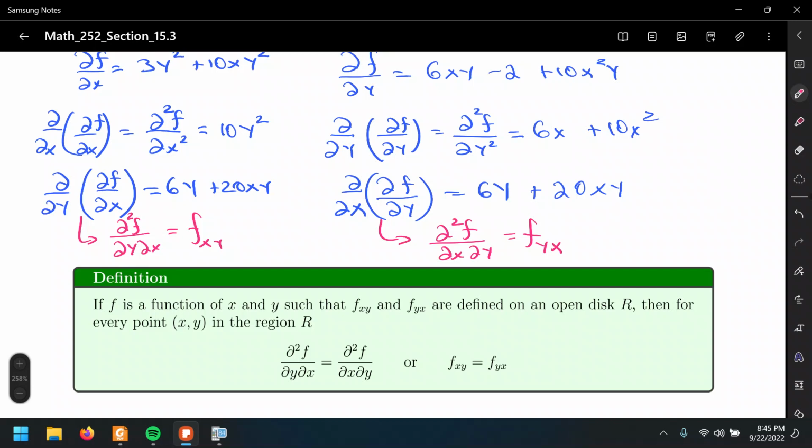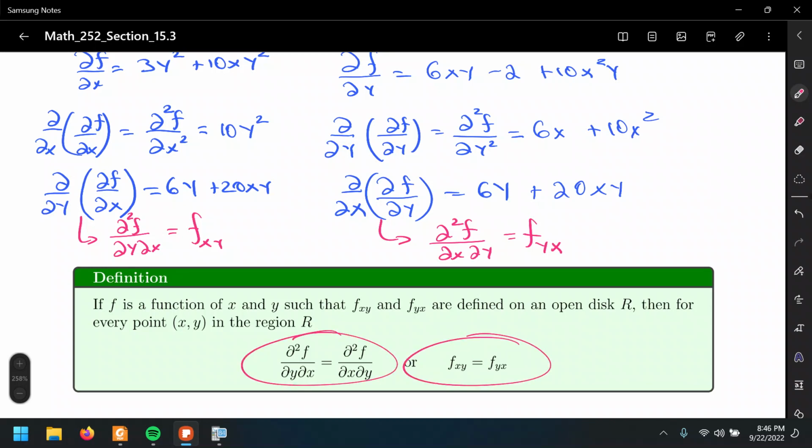In this case, because these are functions of two variables, the input is a point, an ordered pair, and the height was the value of z. So in this case, it's defined for both x and y. So for every point, that's the result.